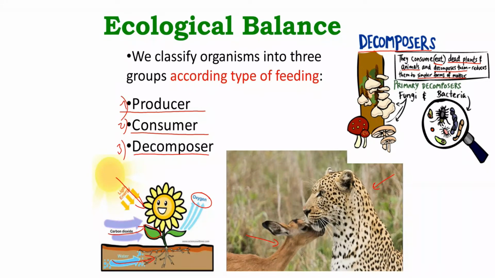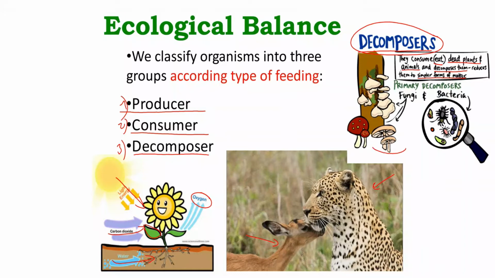Like in a forest, when a plant or animal dies on the earth, after several months the parts of these living things are broken down and changed into soil by what? By decomposers. So decomposers break down dead parts of animals or plants into simpler or smaller pieces.